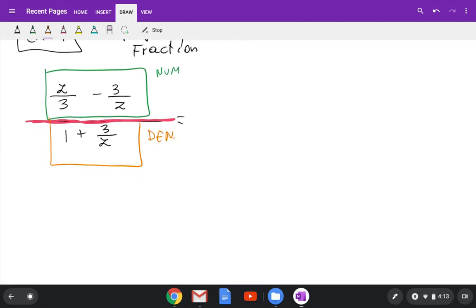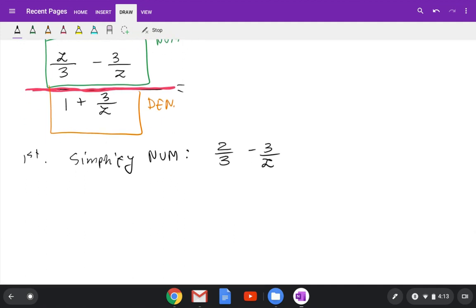First we're going to simplify the numerator, which is z over 3 minus 3 over z. We need to find a common denominator. The LCD of what you see in the denominator, which is 3 and z, is 3 times z.